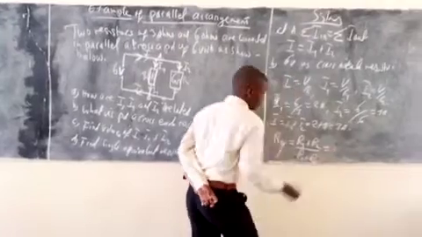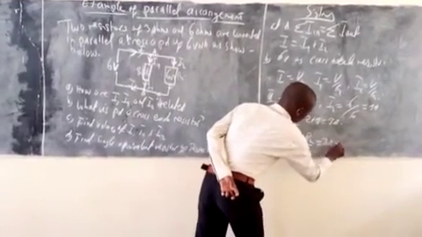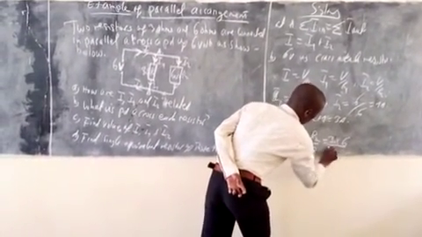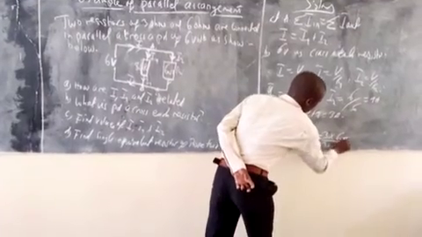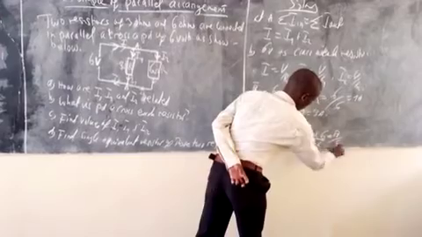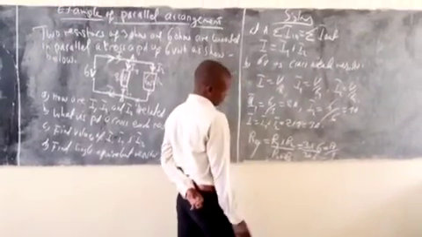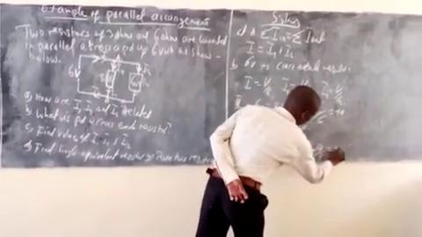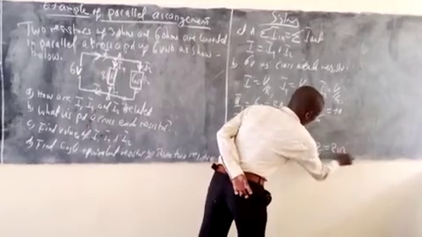So this will be equal to 3 times 6 divided by 3 plus 6, which is 18 divided by 9. So it is 2 ohms.